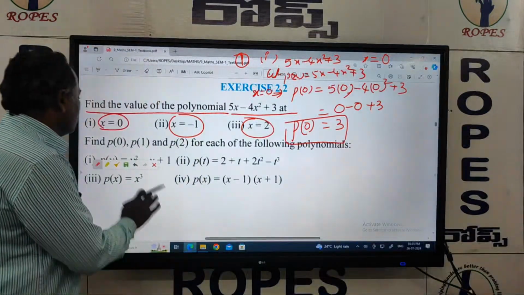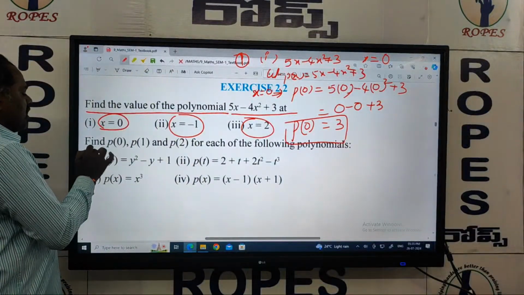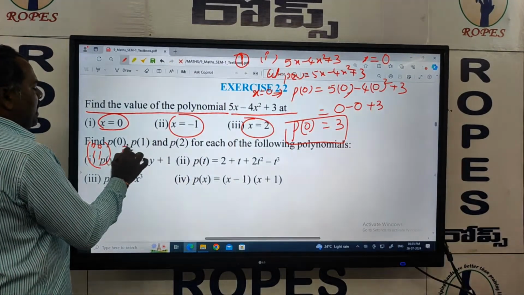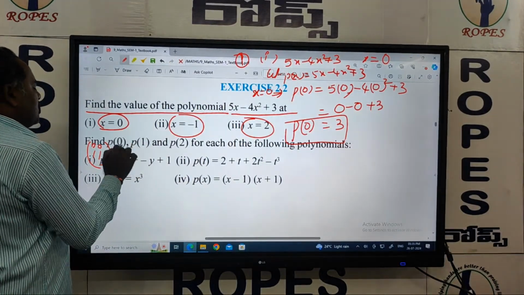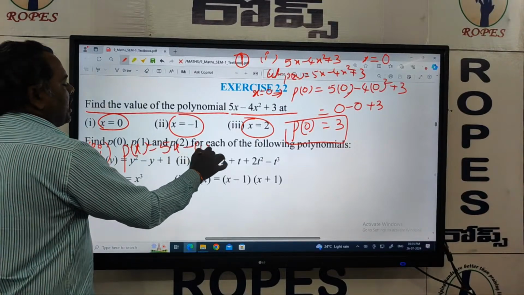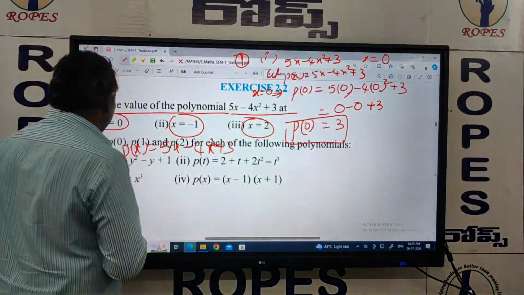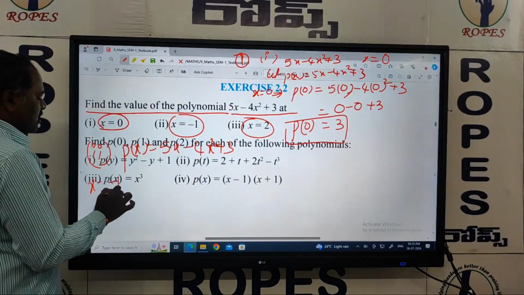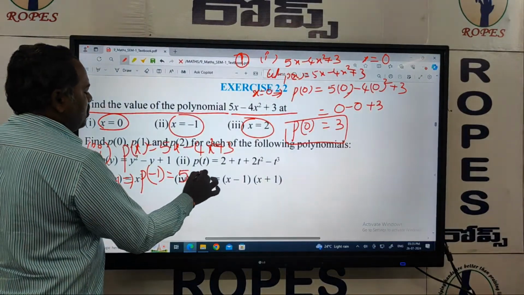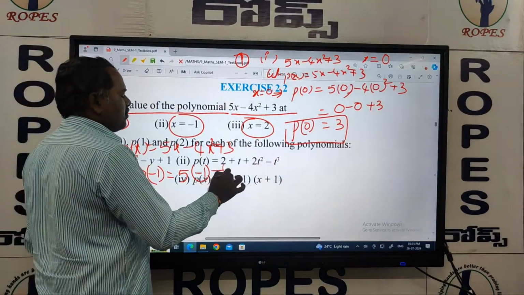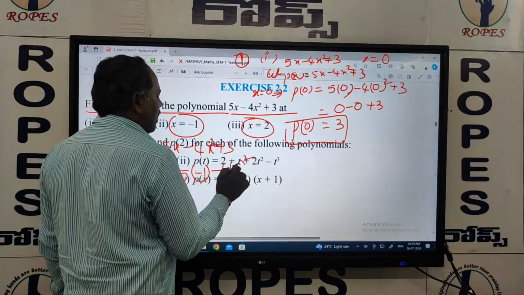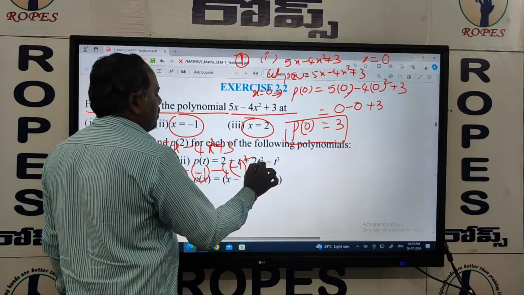Okay, next if you go to second sub question, here let p of x is equal to 5x minus 4x square plus 3, when x is equal to minus 1 implies p of minus 1 is equal to 5 into minus 1 minus 4 into minus 1 whole square plus 3.